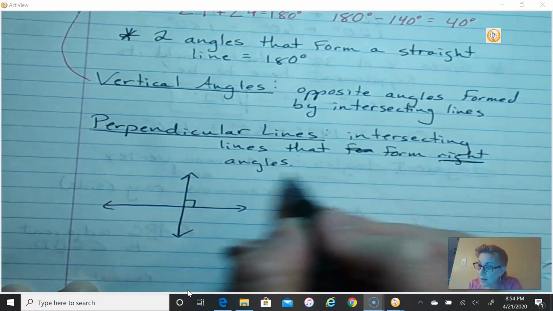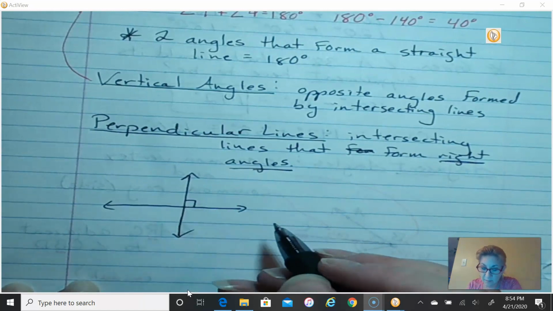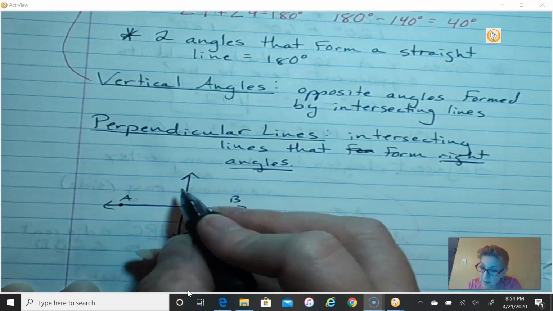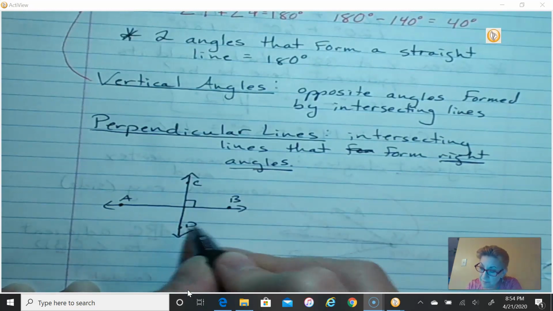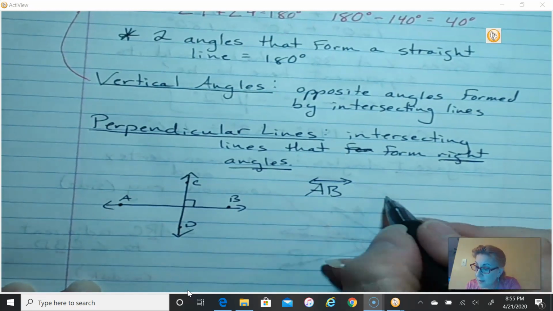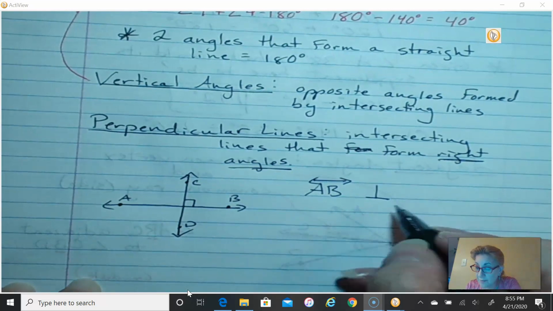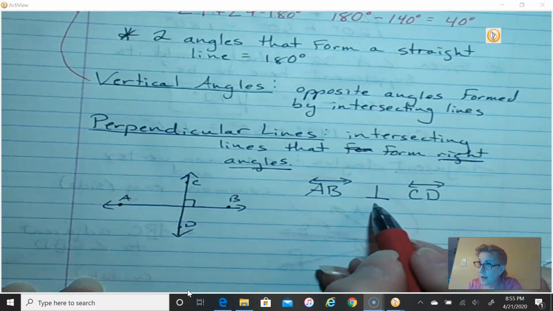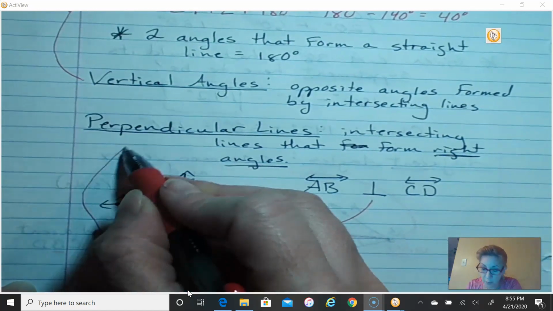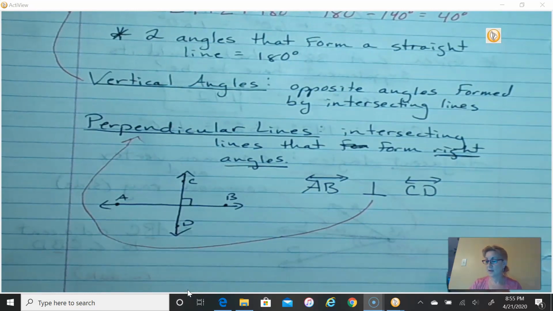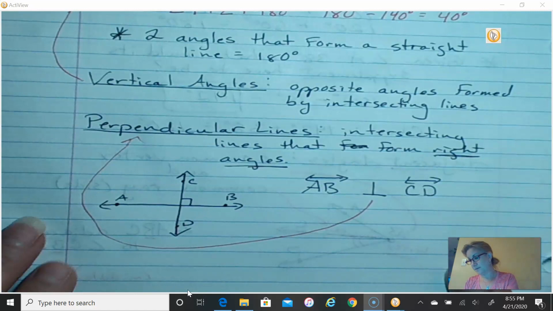They form right angles right here. We can call this A and B and C and D. So then we could say line AB is perpendicular, that's the sign for it, to line CD. That is the symbol for perpendicular. Okay, let's move on. My gosh, I'm still on the first page.